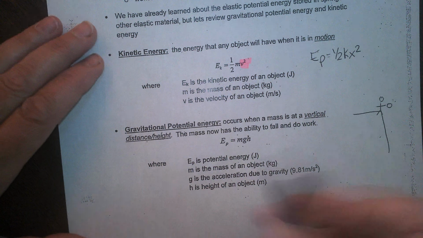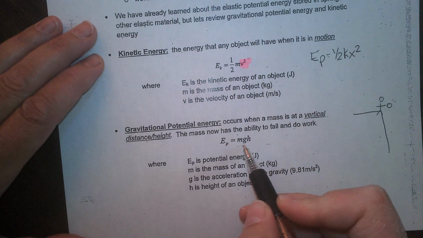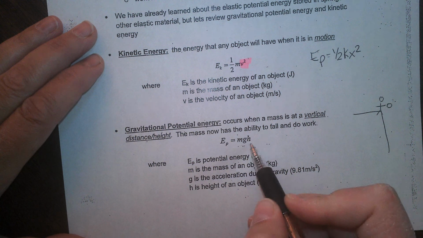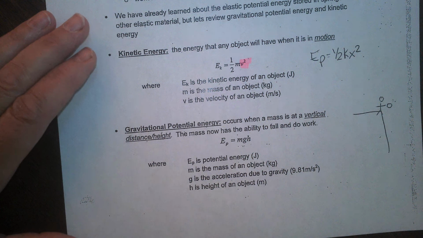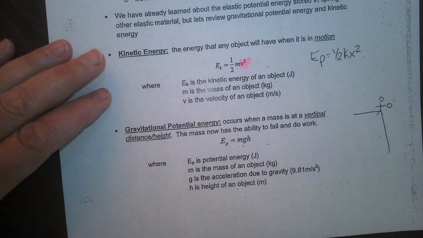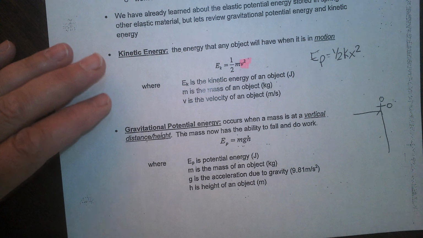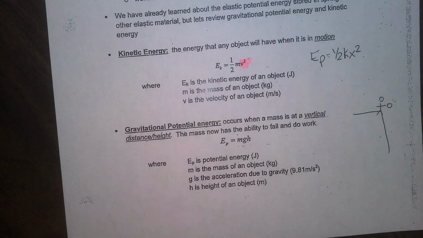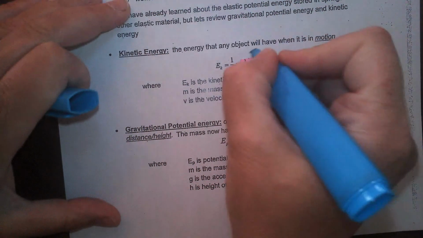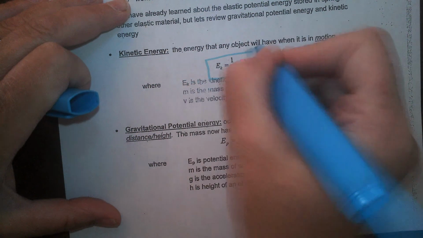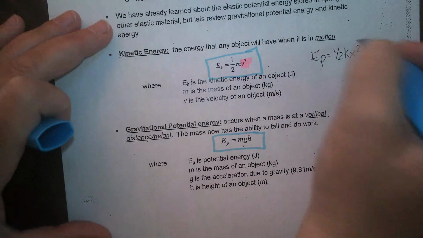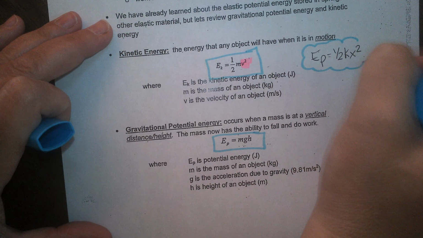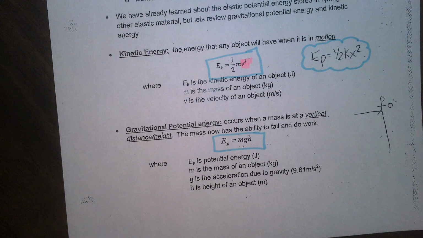And we solve that by mass times gravity times the height that the object is at. So 2 new formulas. One's a review. We have seen these, just not for a very long time. And then we learned this one in the last lesson.